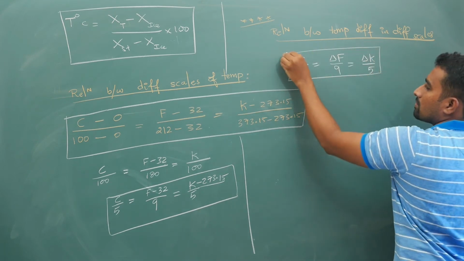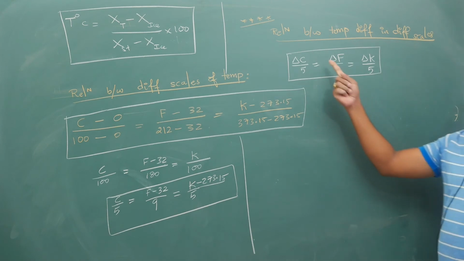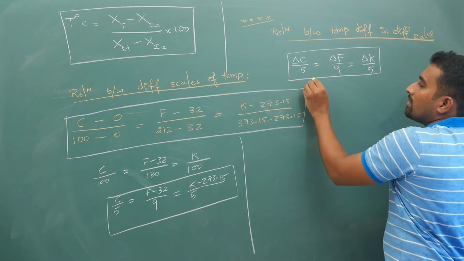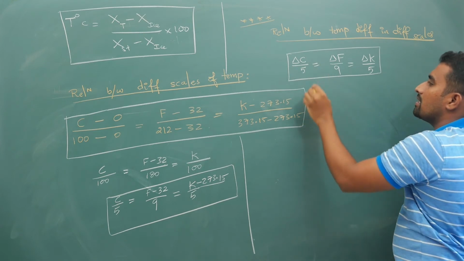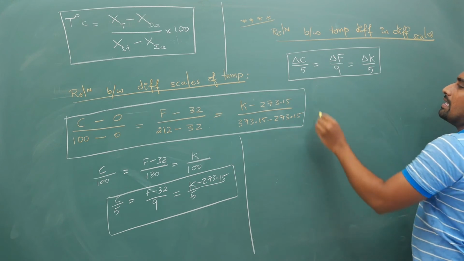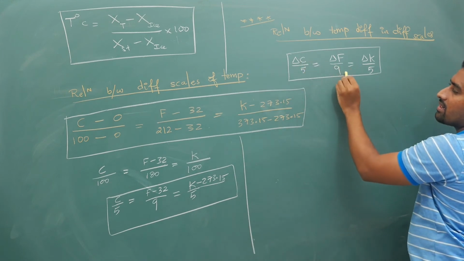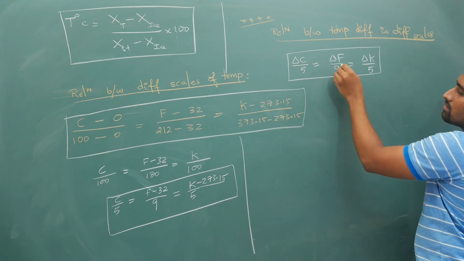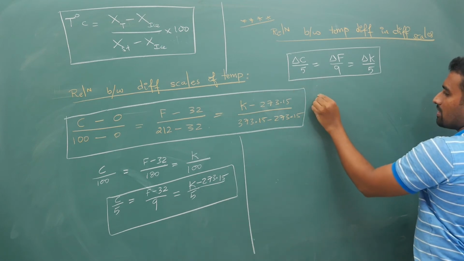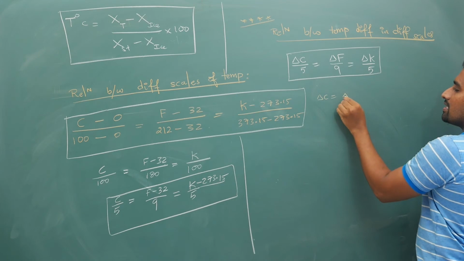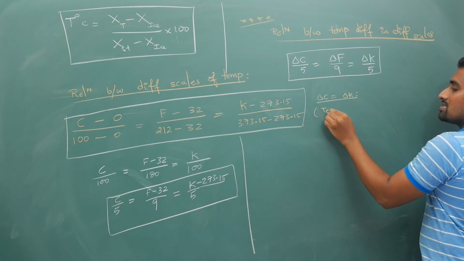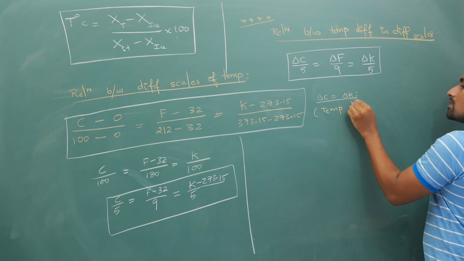From this, what you are supposed to understand is that a 1 degree temperature difference is the same in the Celsius scale and the Kelvin scale. From here delta C is delta K. The conclusion is that the temperature difference is the same in Celsius and Kelvin scale.